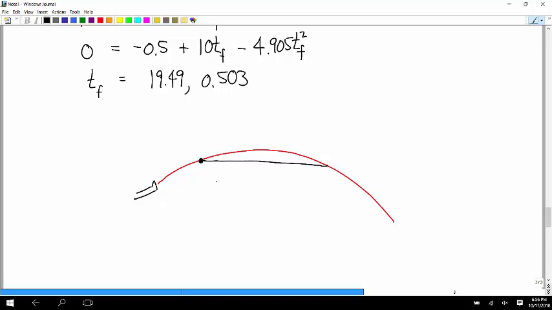It's going to get to this one at a time of 0.503 seconds, and to this one at a time of 19.49. So choosing these times is choosing whether you want the bullet to be on its way up when it hits or on its way down when it hits.